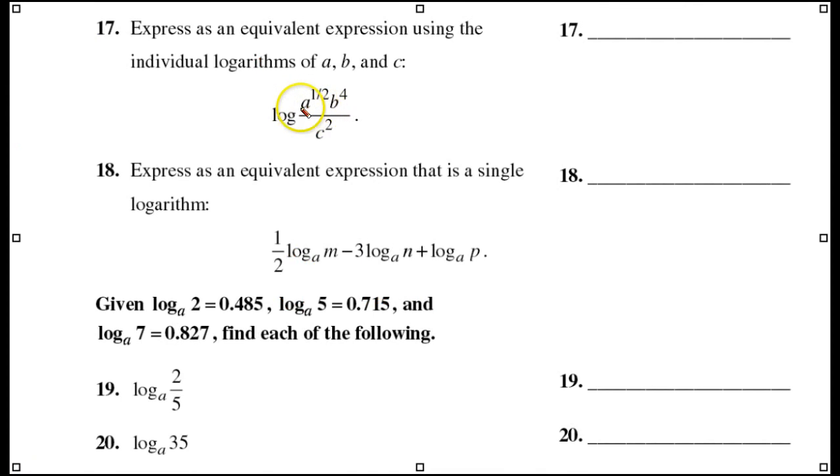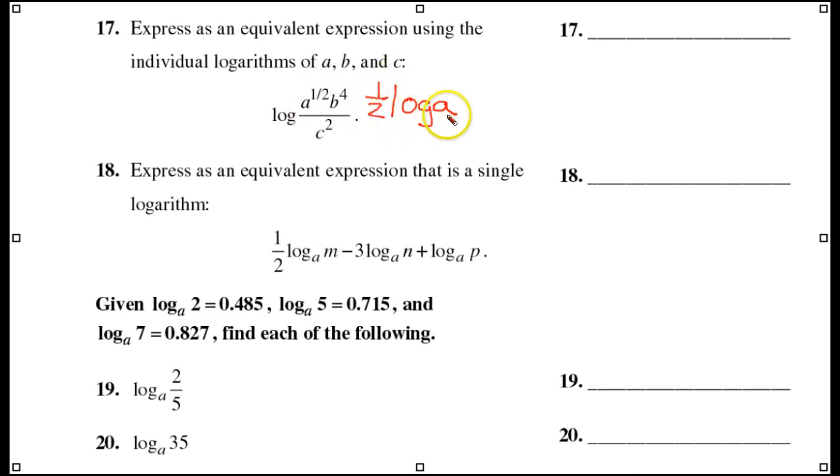Now, we just went over this the other day. We want to separate this and write it as extended logarithmic form. So it's going to be log base A, but we have to put our exponent out in front, so it's going to be 1/2.